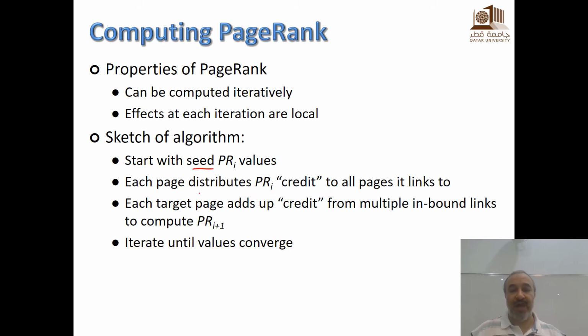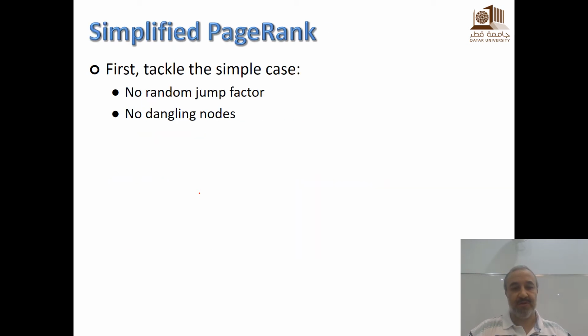Each page then will distribute the credit to the pages that it links to, and then each target page will sum over these credits. Does that sound familiar? Similar to what we did in BFS. And we will iterate until values converge.